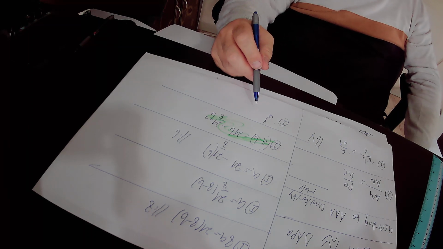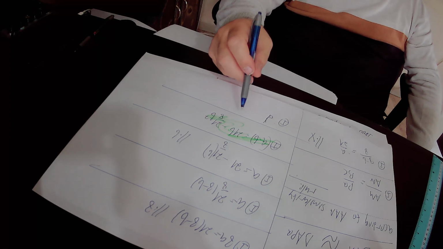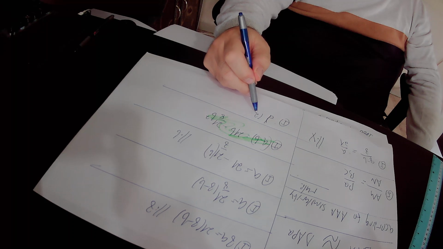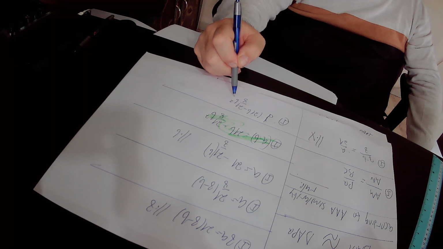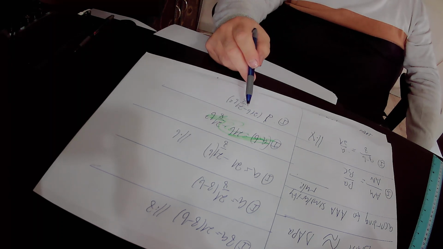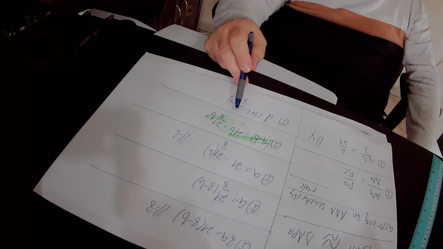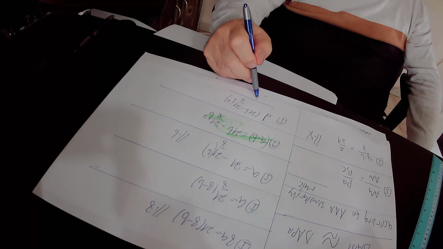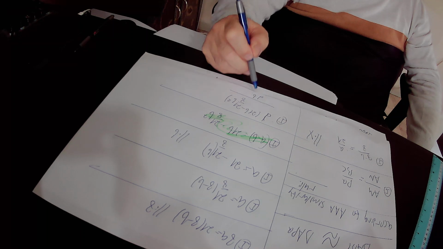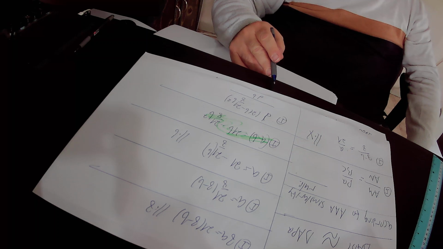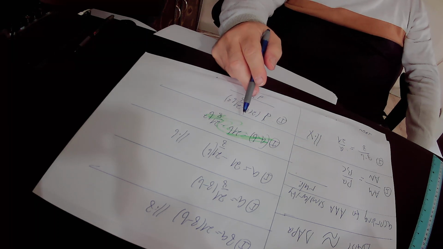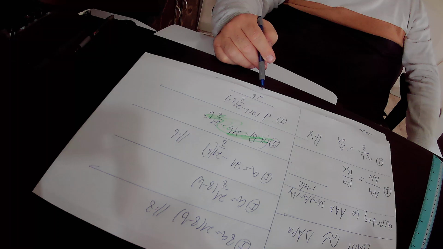So we take the derivative of the function area, that is 21b minus 21 over 8 times b squared, and we differentiate it with respect to the variable b, the independent variable.